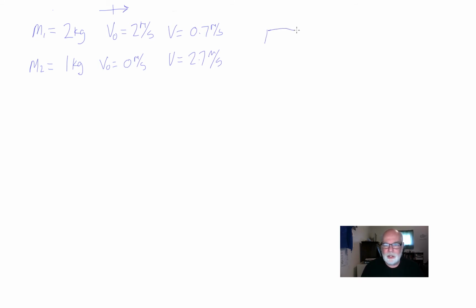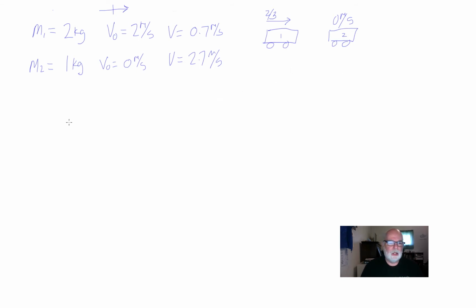If this is cart 1 and this is cart 2, cart 1 is moving that way at 2 meters per second, and cart 2 is at 0 meters per second. But after they collide, they're both going to be moving to the right.